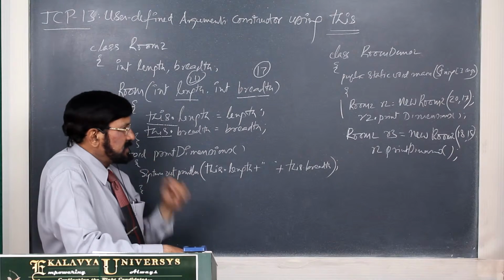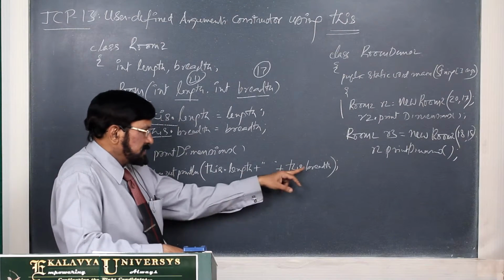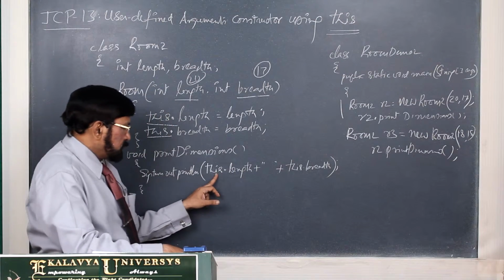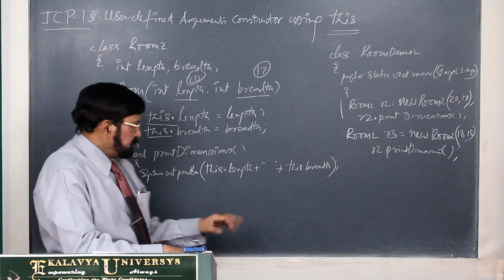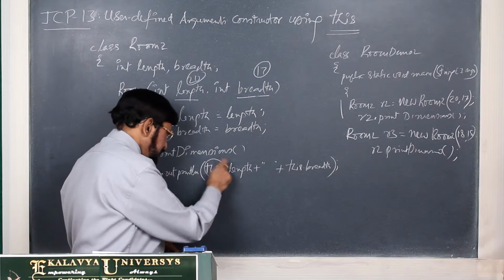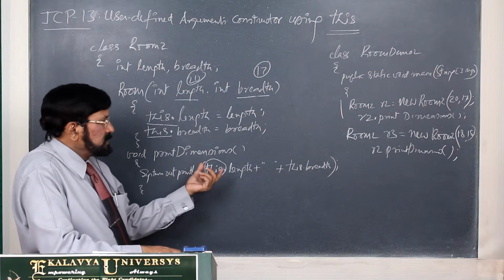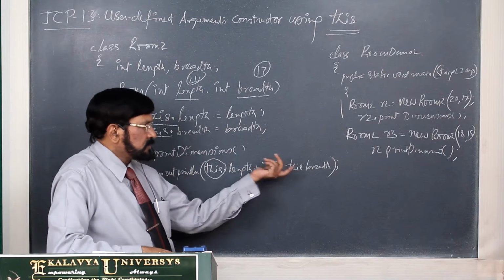Now it is quite realistic. One more thing: here I have also written this length and this breadth. In this case it means R2's length, R2's breadth. Actually this is unnecessary. If you don't write it, length means R2's length only, and breadth means R2's breadth only.